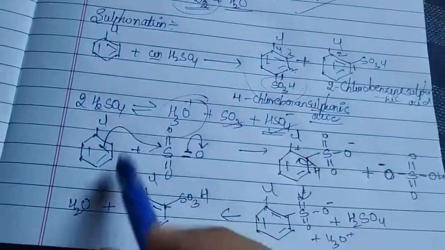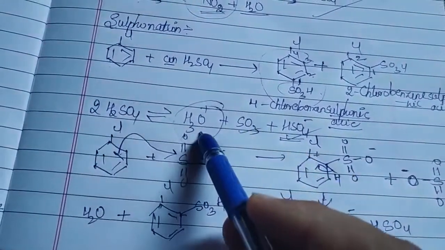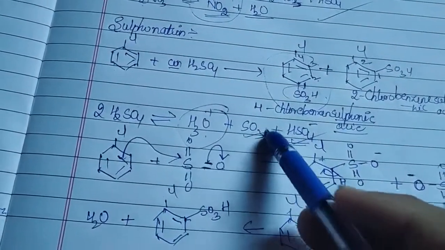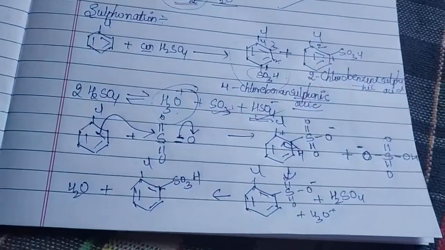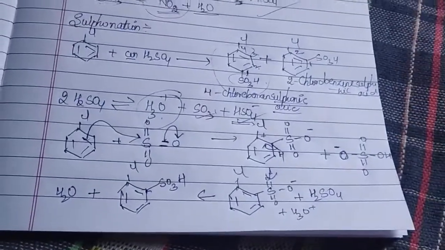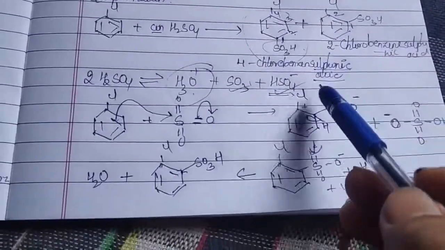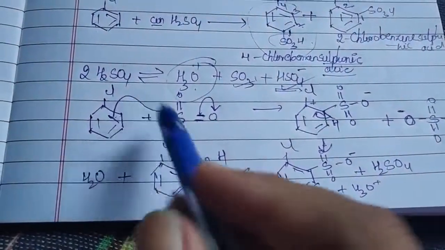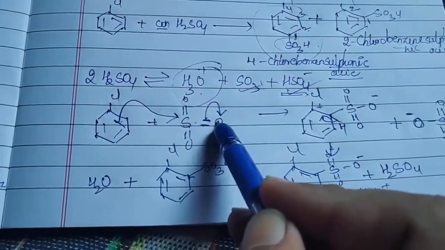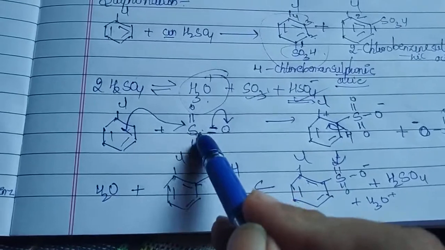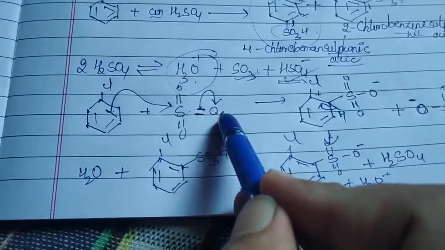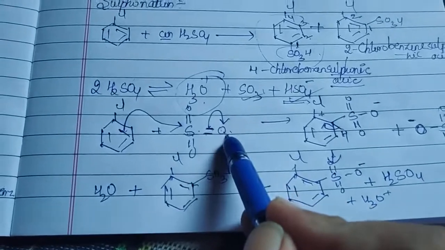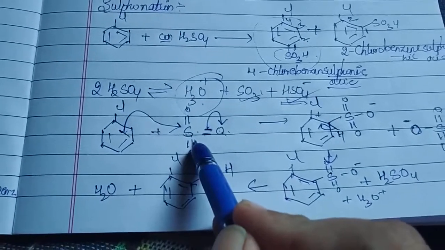Whenever we are talking about sulfuric acid, you will have your hydronium ion, sulfur trioxide, and the bisulfate ion, HSO4 minus. So this is going to react. First SO3 reacts, since the electronegativity of oxygen is very high compared to S. Electrons will be shifted towards the oxygen, so oxygen will have the delta minus and S will have the delta plus.